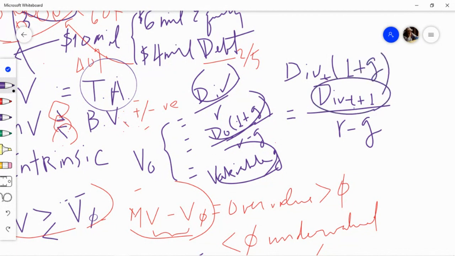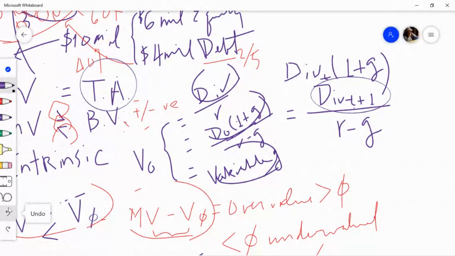That's what I did here: dividend at time 0 times 1 plus g. The only difference is that instead of dividend, they switched it with free cash flow.